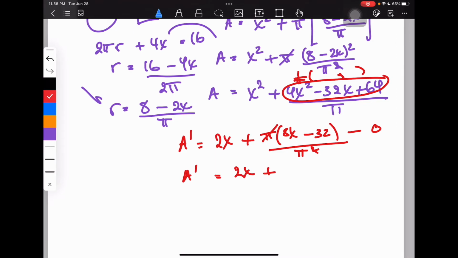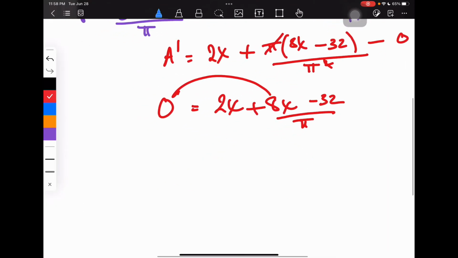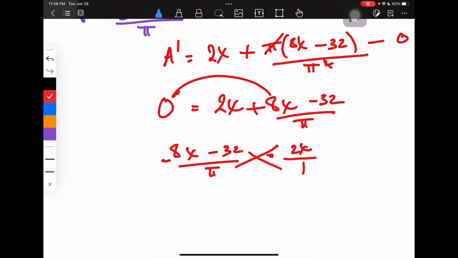We can set that equal to 0, so 0 equals 2x plus 8x minus 32 over pi. Now we can move that over, so 8x minus 32 over pi is equal to negative 2x.